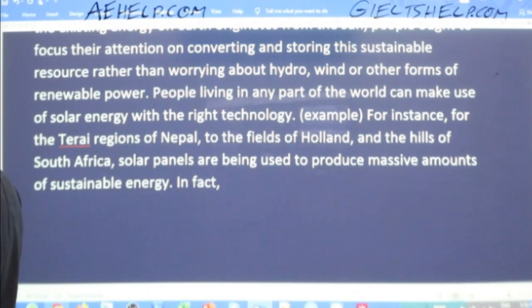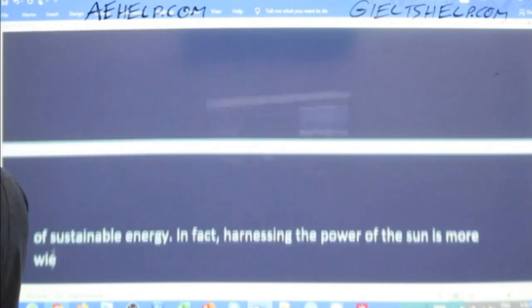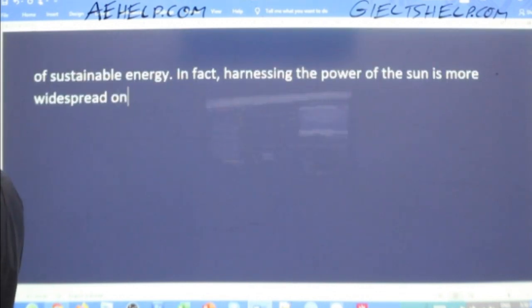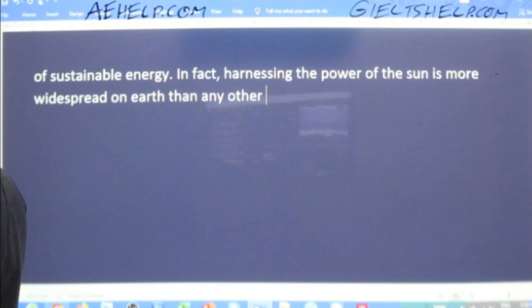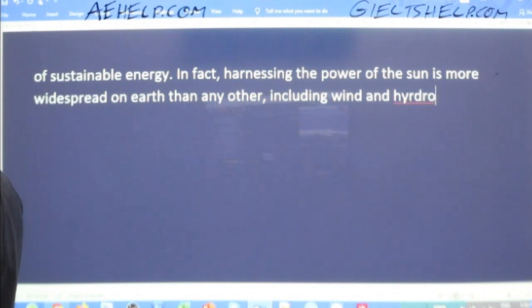In fact, harnessing the power of the sun is more widespread on Earth than any other, including wind and hydro power. Okay.